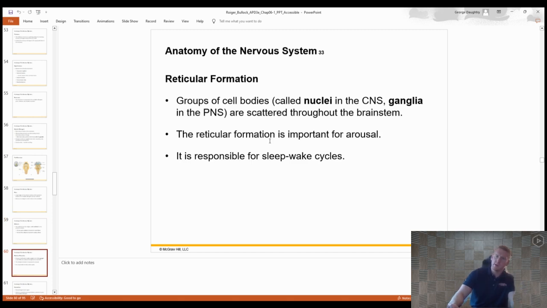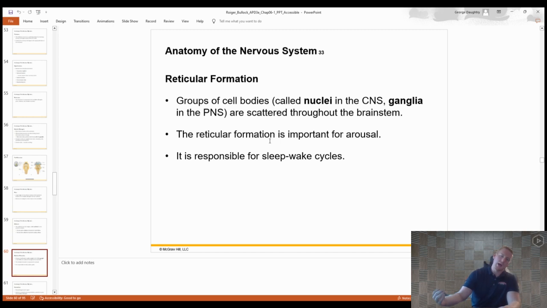And then finally, if we get down to the reticular formation, these are just simply groups of cell bodies that are assisting a portion of the central nervous system or peripheral nervous system. They're scattered all throughout the brainstem, and they are just simply assisting in the functioning of the brainstem. And these are associated with arousal and also with our sleep cycle.